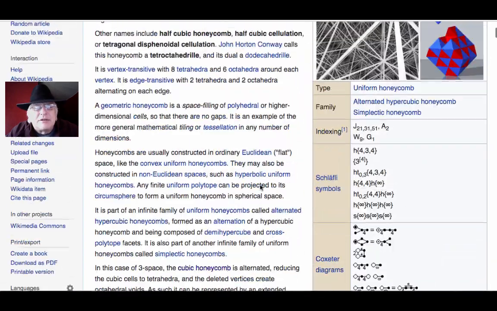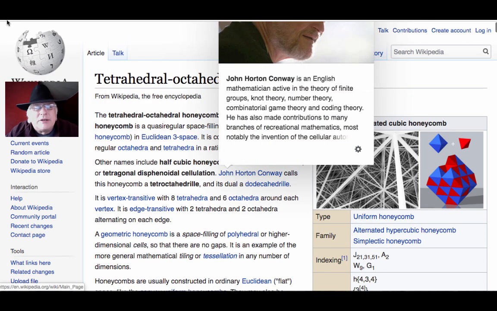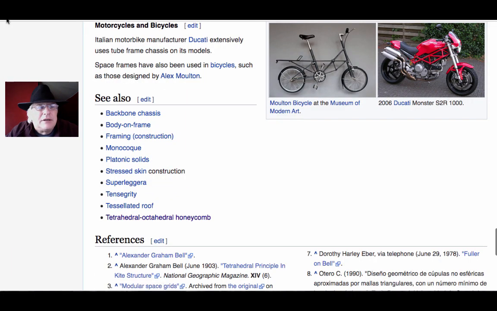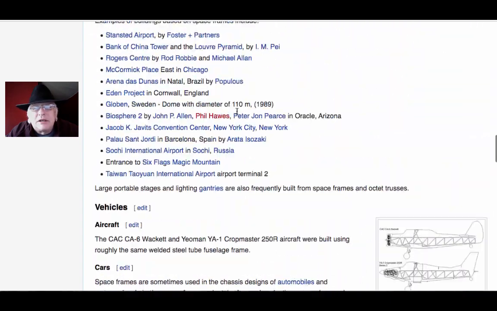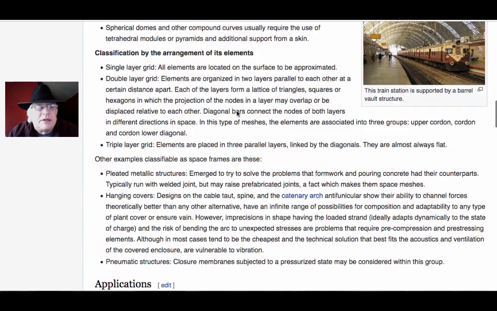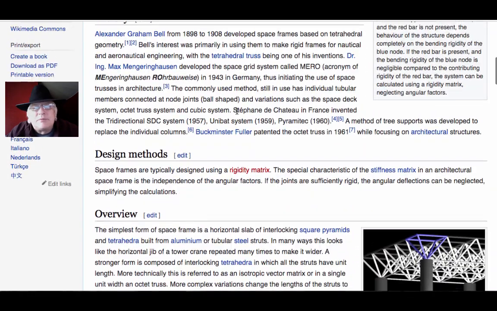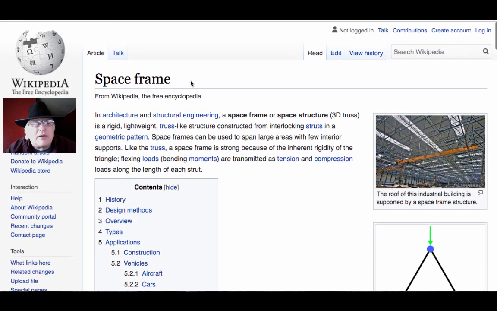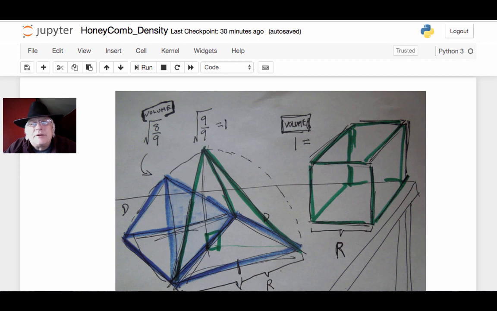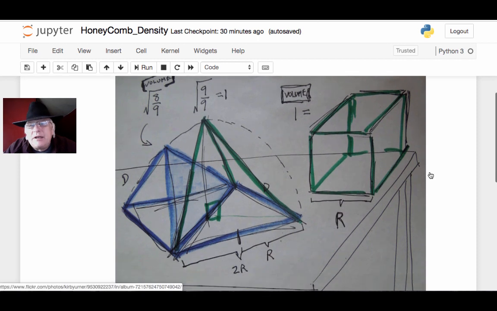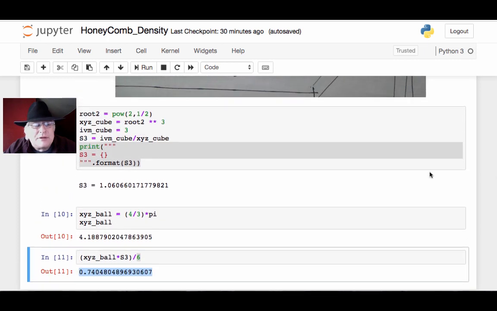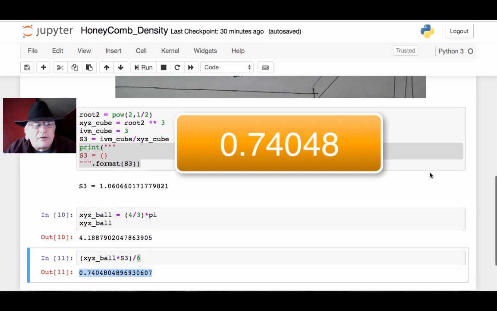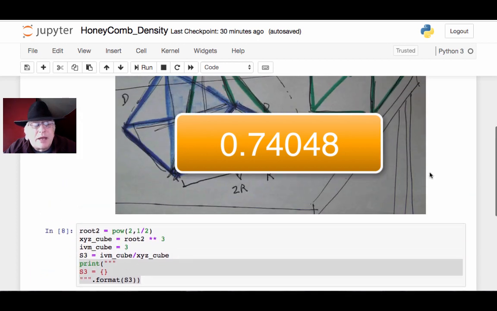So this is the isotropic vector matrix, we could say, but if we want to talk more like a mathematician in North America in 2019, we might want to adjust our speech a little bit and talk about a space frame and a honeycomb, right? So the Jupyter notebook here is titled Honeycomb Density, and we're just going through this ratio that we call the density of such a packing.